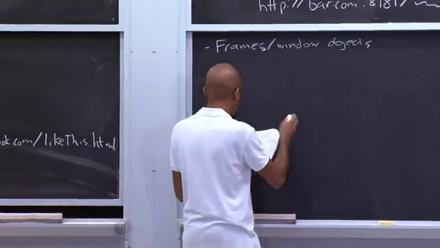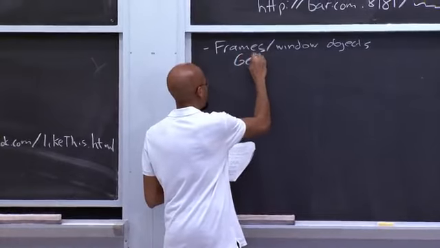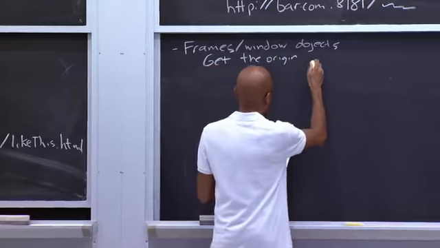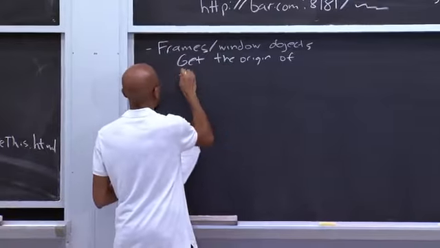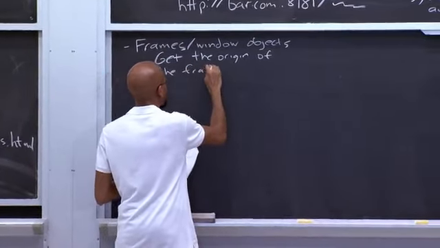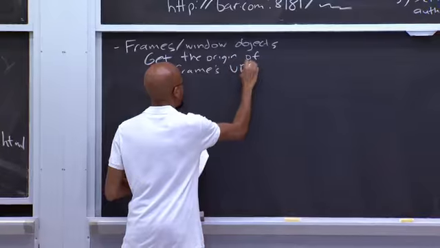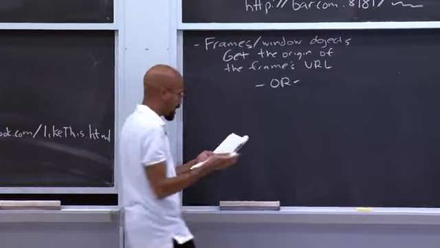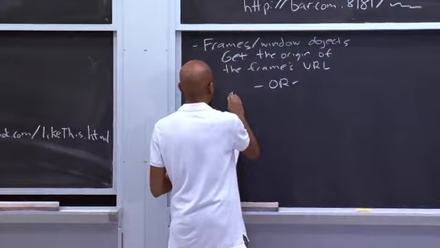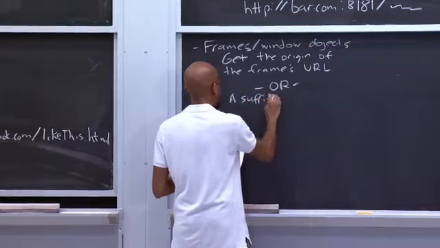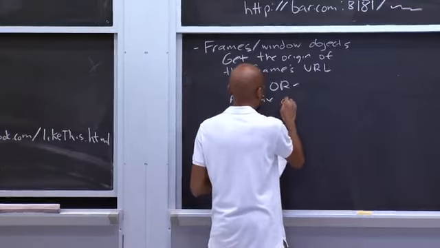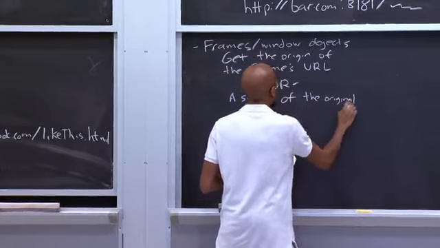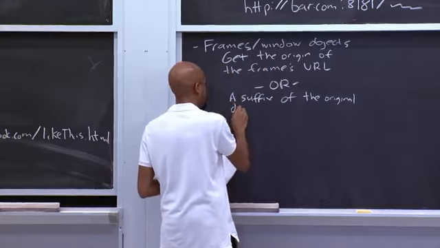So frame and window objects, they get the origin of the frame's URL. Or, right, because there's always an or in web security, they can get a suffix of the original domain name, the original origin.